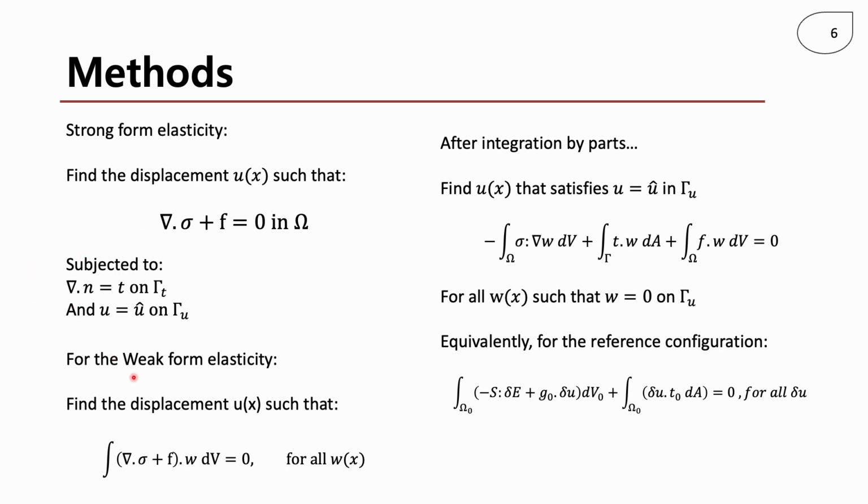So to get the weak form of elasticity, we have to recall that first we multiply this by a weighting function and then integrate it by parts over the entire domain. This would be true for all weighting functions w of x.